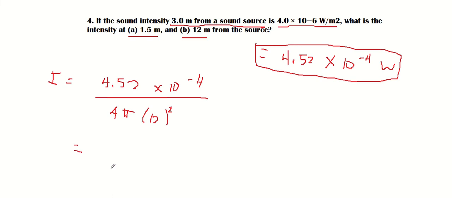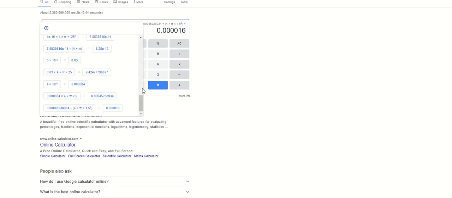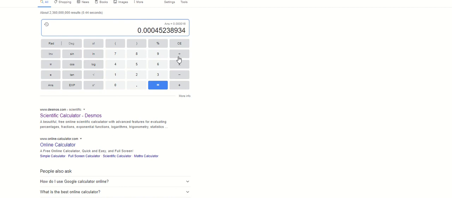So, kung ano sagot dyan, yun na yun. Kalkalin lang natin para exact value magamit natin. Ito. Tapos, divide natin sa 4 times pi times 144. Kasi 12 times 12, 144. Para minsanan na lang. So, nakuha natin is 2.5 times 10 raised to negative 7.